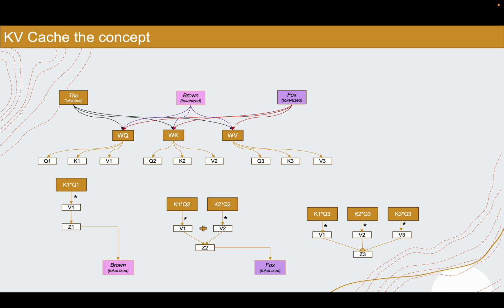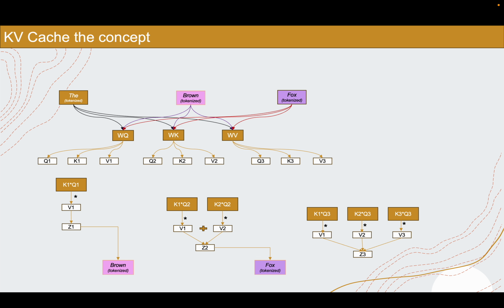To explain it in a better way, for a token that is a noun, the query for that token may be looking for any other token that is a verb. So the Q value is telling others, okay, I am a noun token, are there any verb tokens?